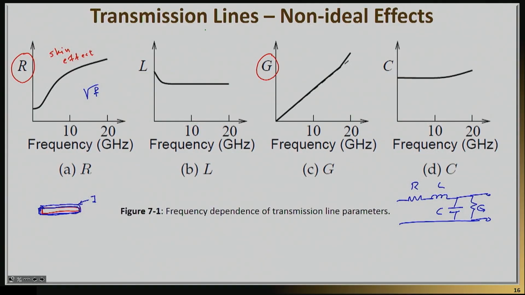Right. Similarly, inductance will change as a function of frequency. Not so much, but it will. If you remember from your undergraduate days, if I consider a coaxial line, for DC, I have current that flows inside the volume, which means I have an inductance in the volume.